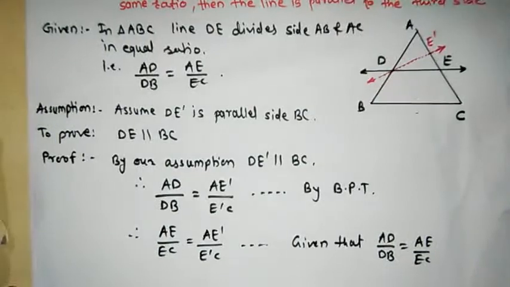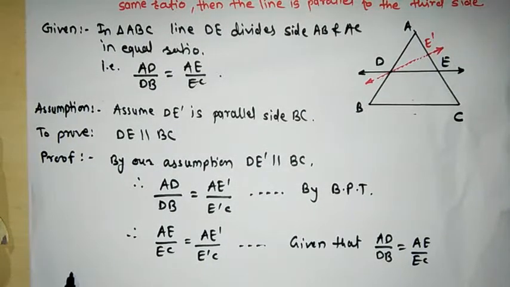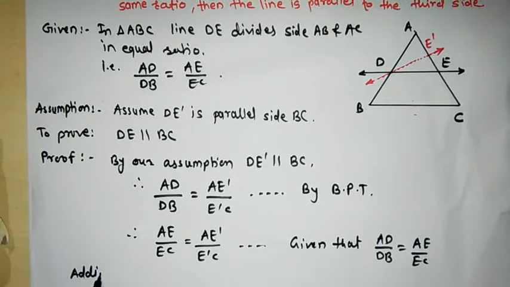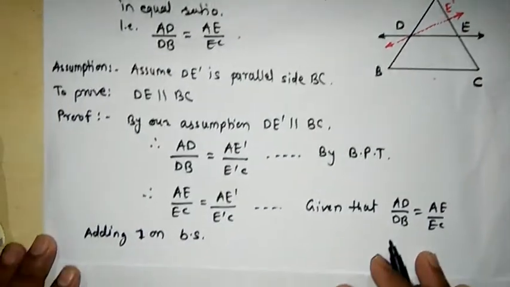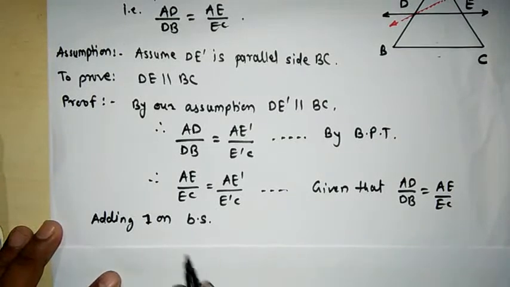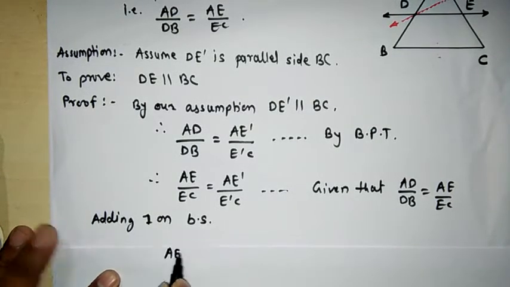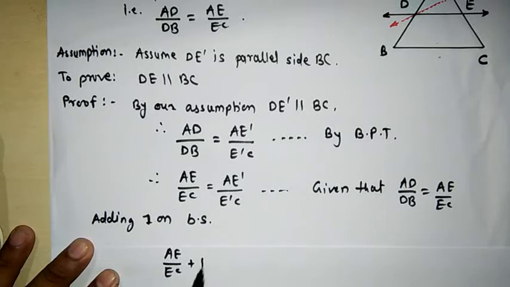Now, add 1 on both sides. After adding 1 on both sides, see what we will get. AE by EC plus 1 is equal to AE dash divided by E dash C plus 1.